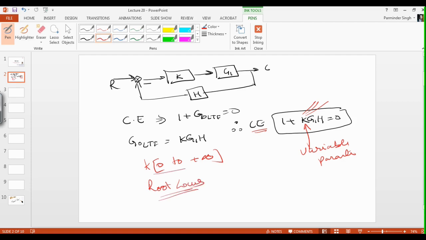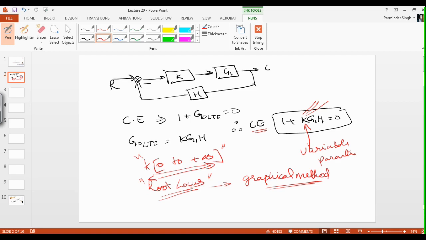We'll explain how we vary K, how we get different locations, and what the root locus is. So just remember this: root locus is a graphical method where K varies from 0 to infinity, and we'll study the stability of a system after getting the value of K. Clear?